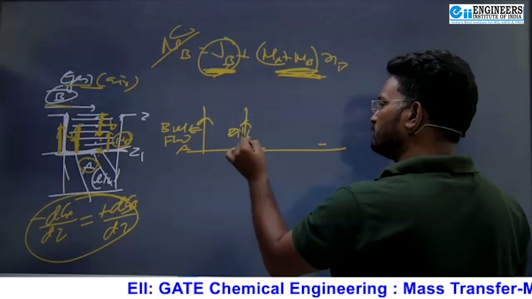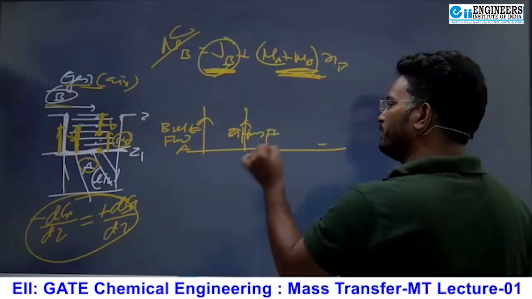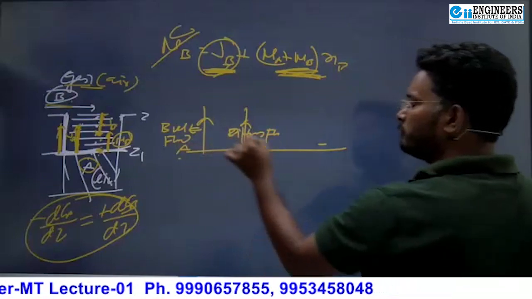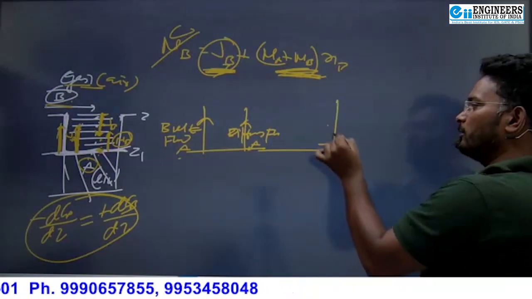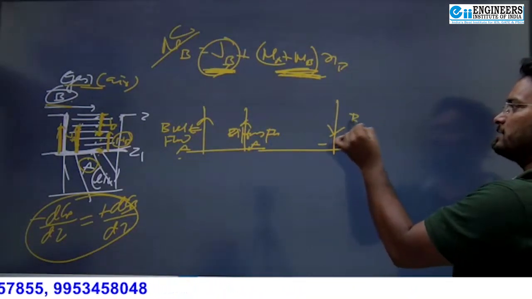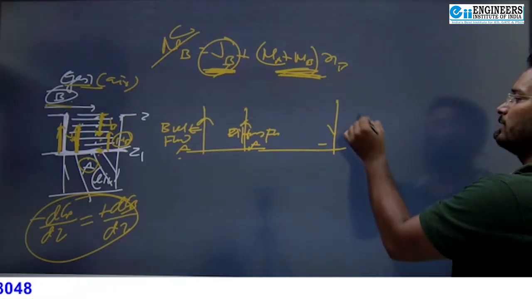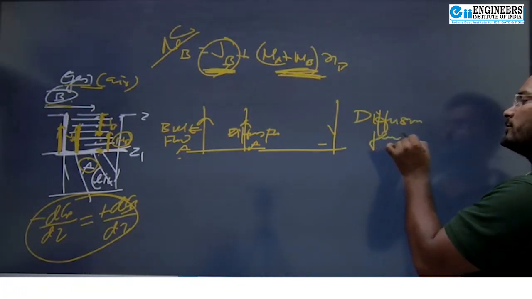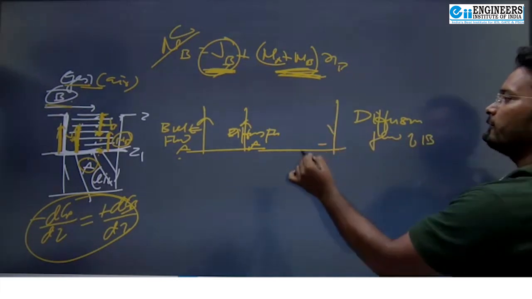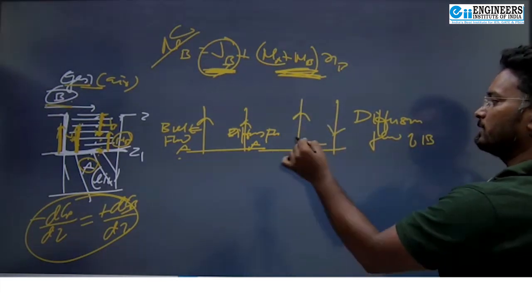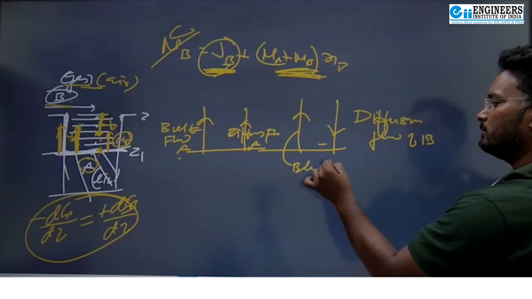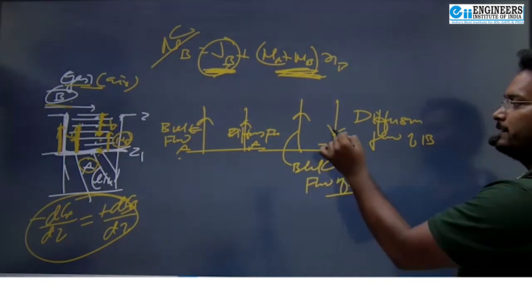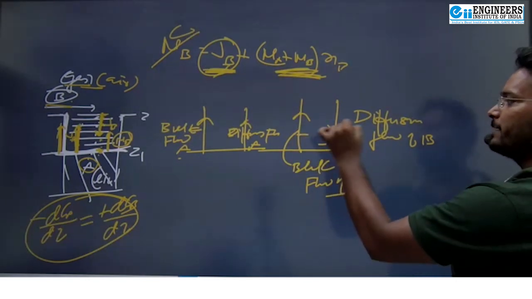Yes or no? As for B, the diffusive flow of B is in this direction, and the bulk flow of B is in this direction. Bulk flow of B, and at every point the total should make 0.